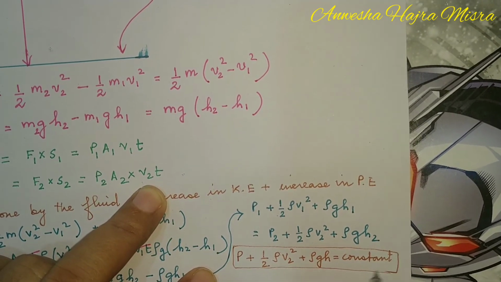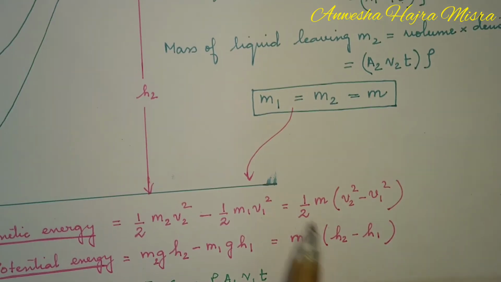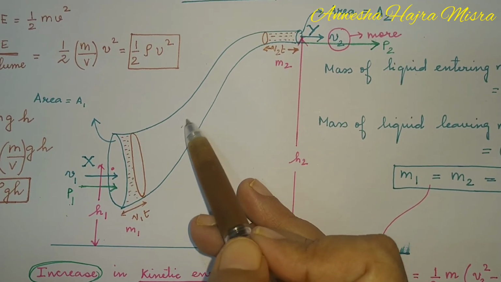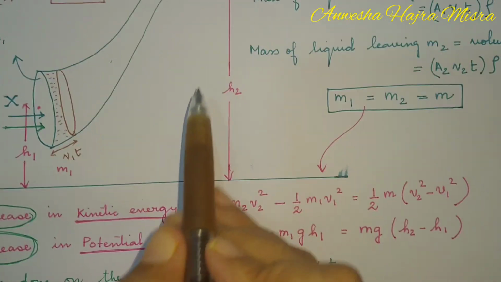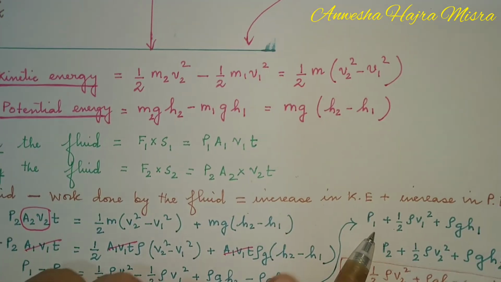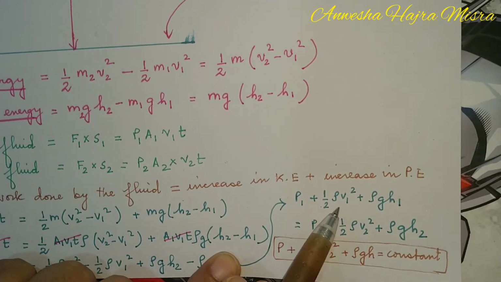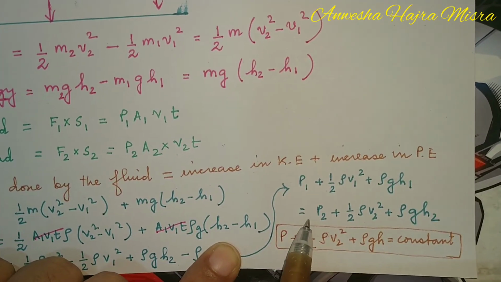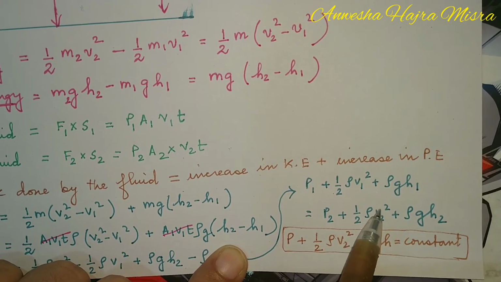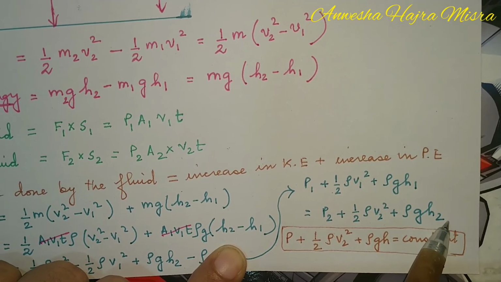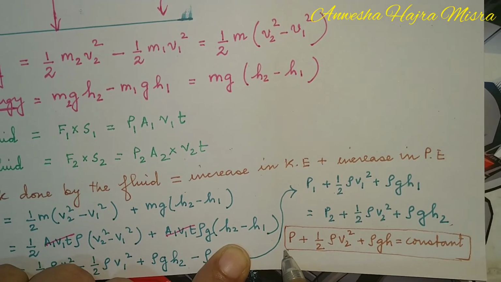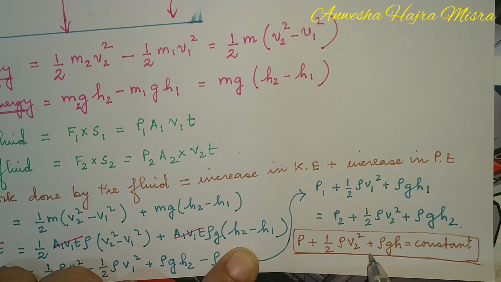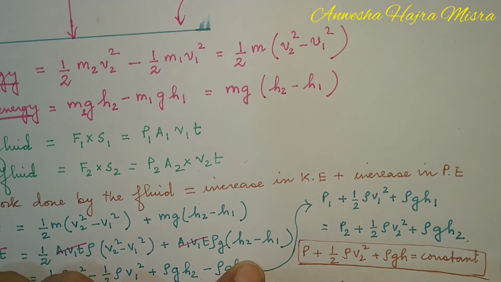If this equation is valid at these 2 points, it will be valid for all the points. That is, P1 plus half rho V1 square plus rho GH1 is equal to P2 plus half rho V2 square plus rho GH2. So my generalized equation is P plus half rho V square plus rho GH is constant.